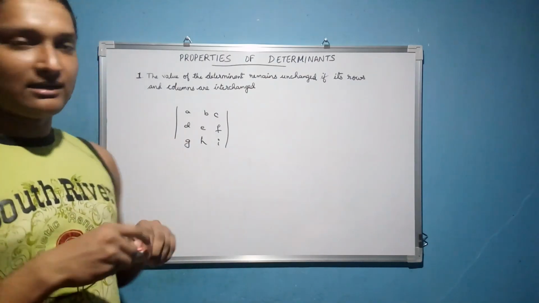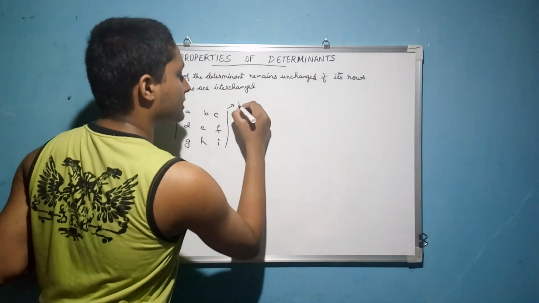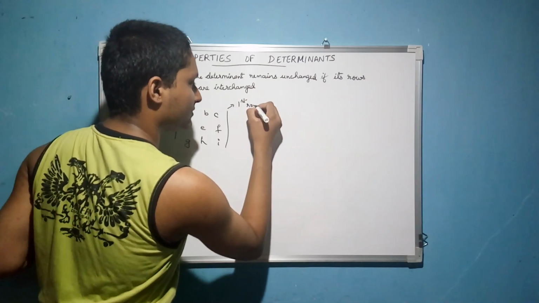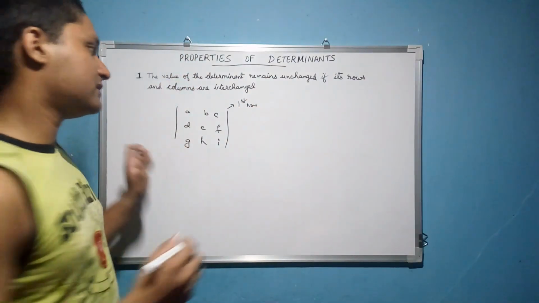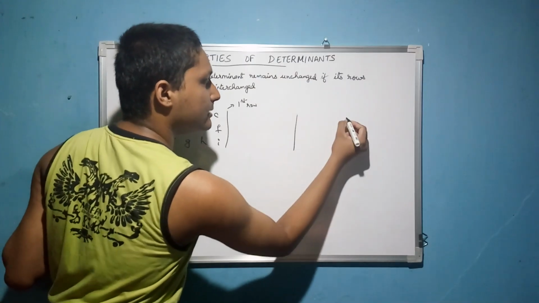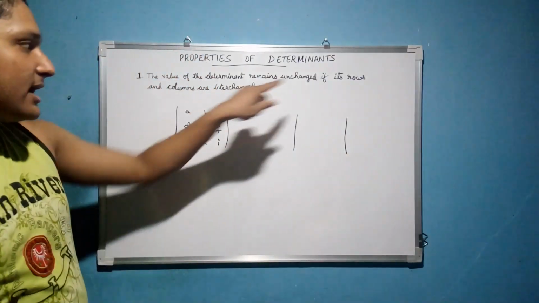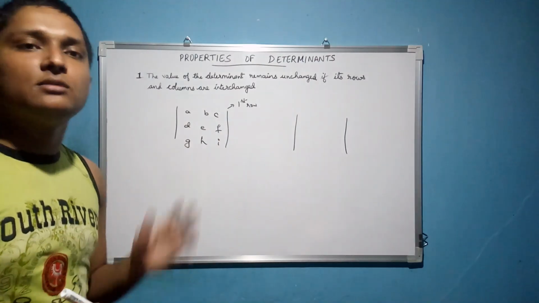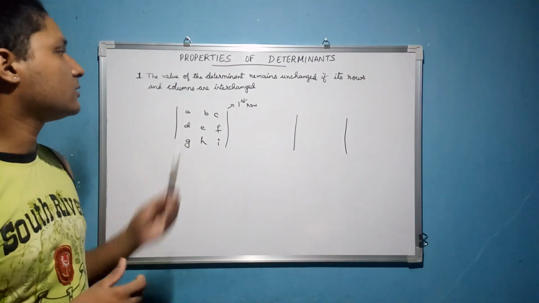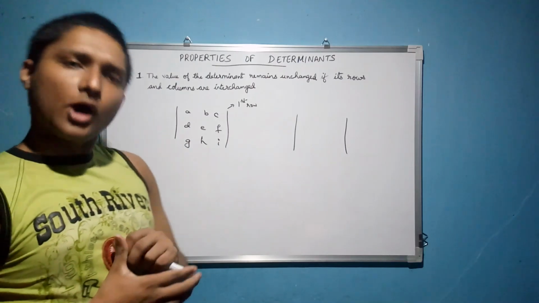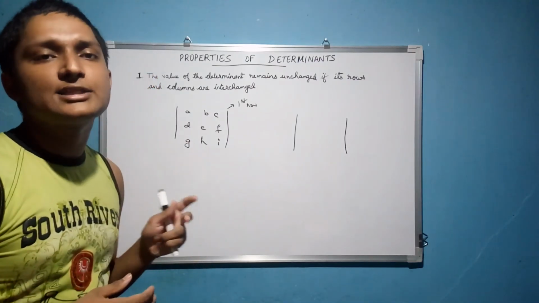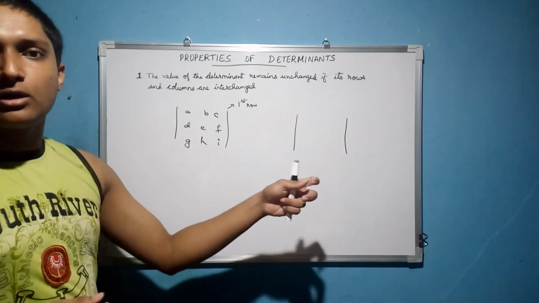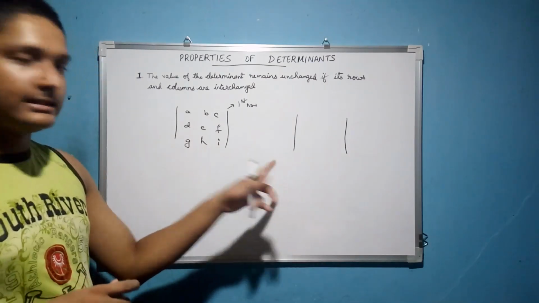So maybe I am referring to the first row of this, and I am going to interchange the elements of the matrix in such a manner that rows take the place of the columns and columns take the place of the rows. You have already learnt about the transpose of a matrix. Similarly, we are going to do this for the determinant in this case.